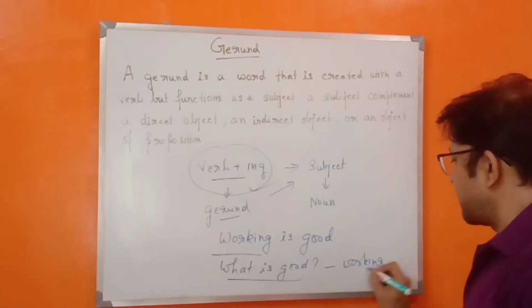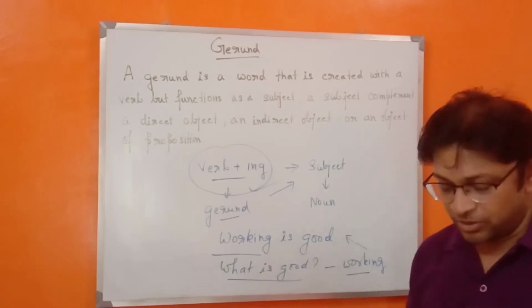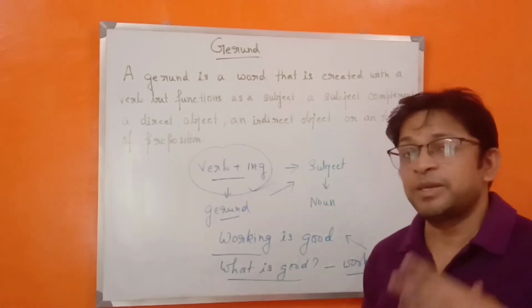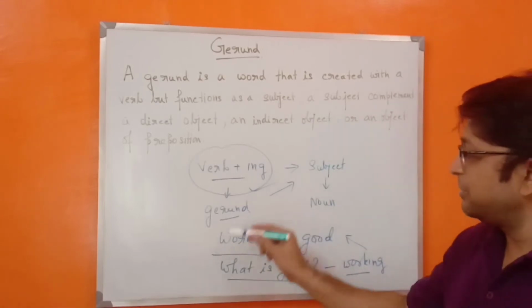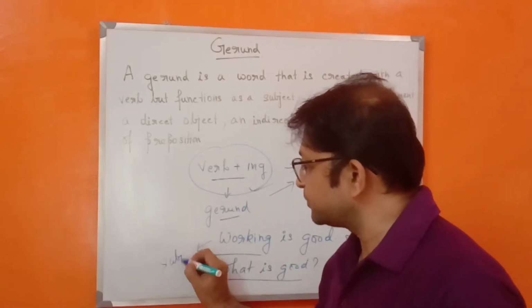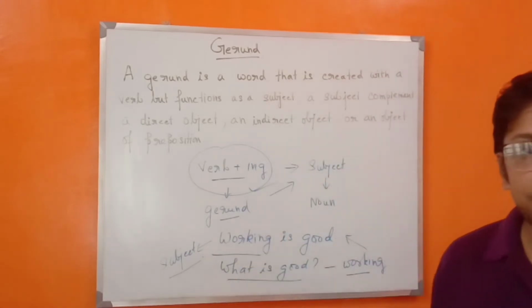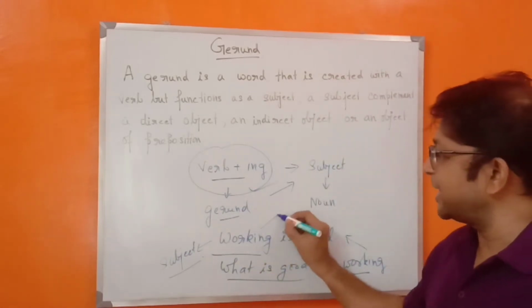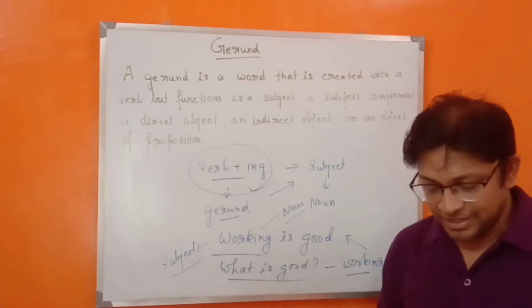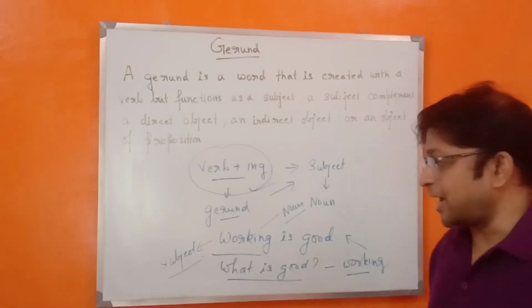So whenever by asking a question with interrogative words you are getting an answer, who is performing the thing or what is being performed, then we may consider this as our subject. Here the verb with ing is acting as a noun. So whenever the verb is acting as a noun in the sentence, then it can be considered a gerund.